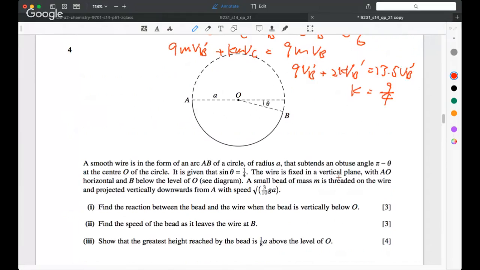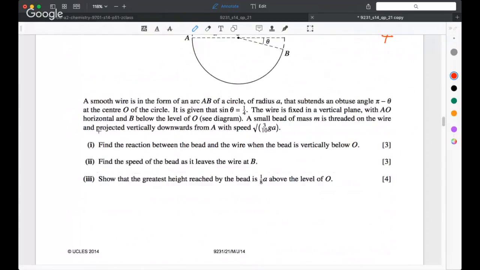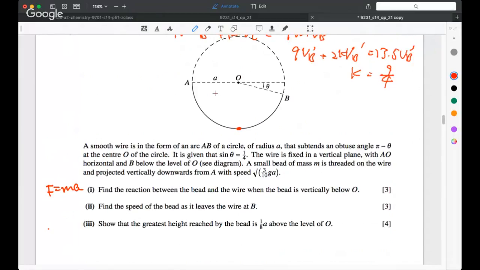So in order to find the force, we need to apply Newton's second law, which states that F is equal to ma. And in order to arrive at that equation, we need to find what forces are acting on the bead at the point vertically below O. So we'll have gravity acting downwards and a reaction force acting upwards.